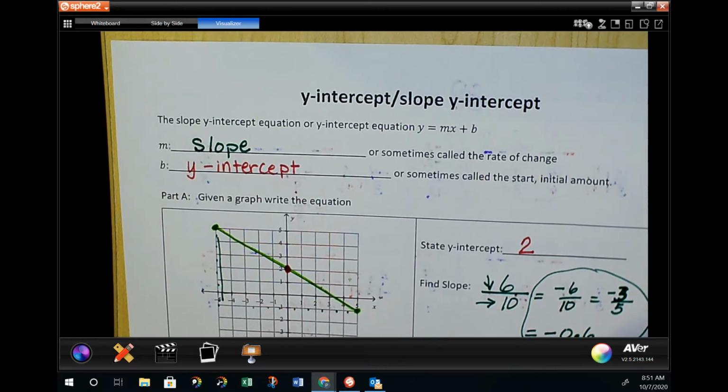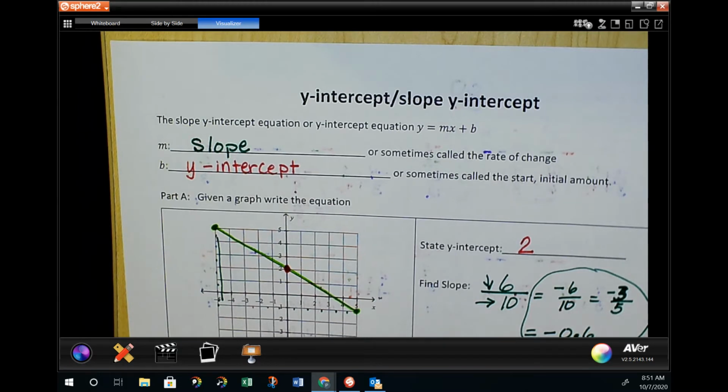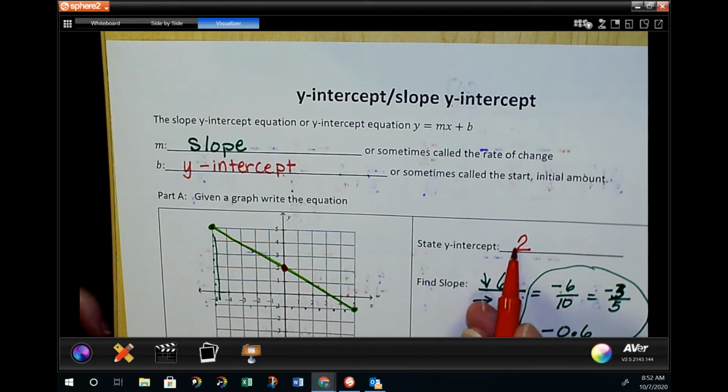It's always next to x. The slope and x are in a relationship. And this would be negative 0.6. I'm going to tell you now, that's what most of you like, is decimals. I'm just asking you to write the equation. And then the next one is your y-intercept, which is a positive 2, so that's a plus 2.